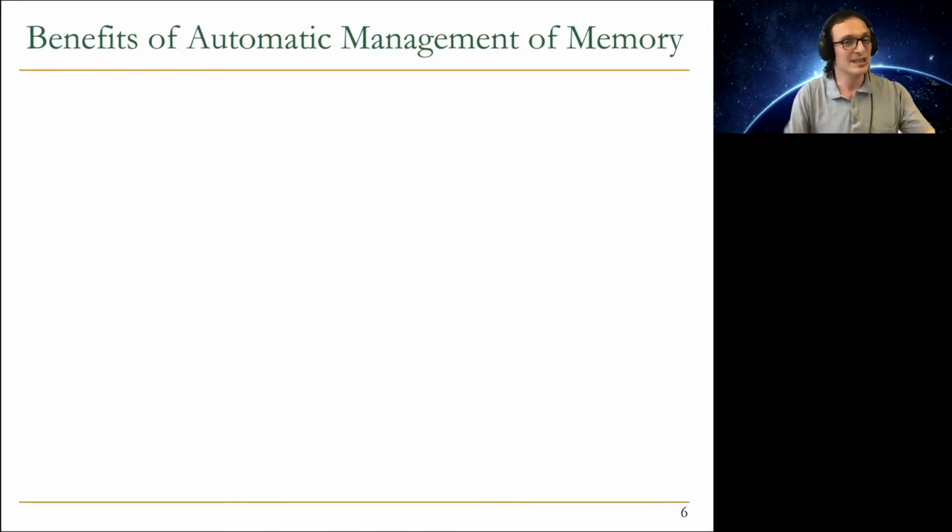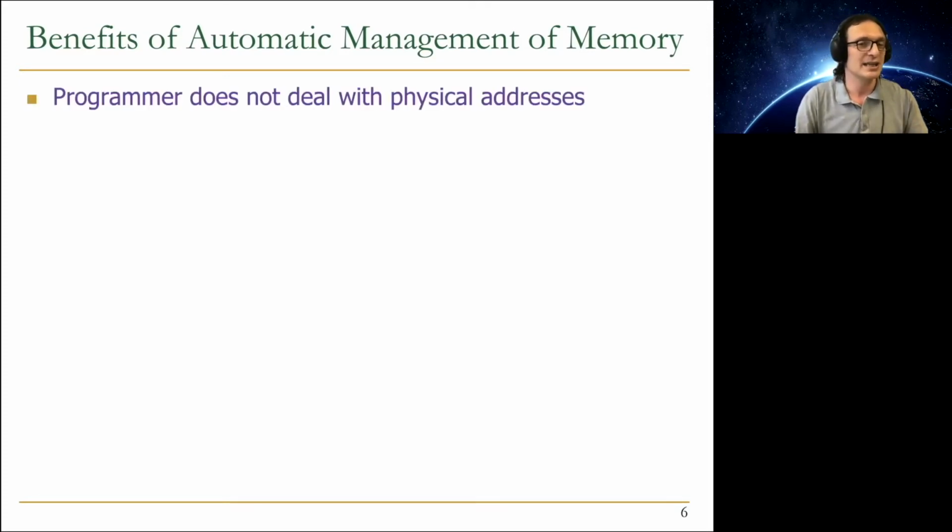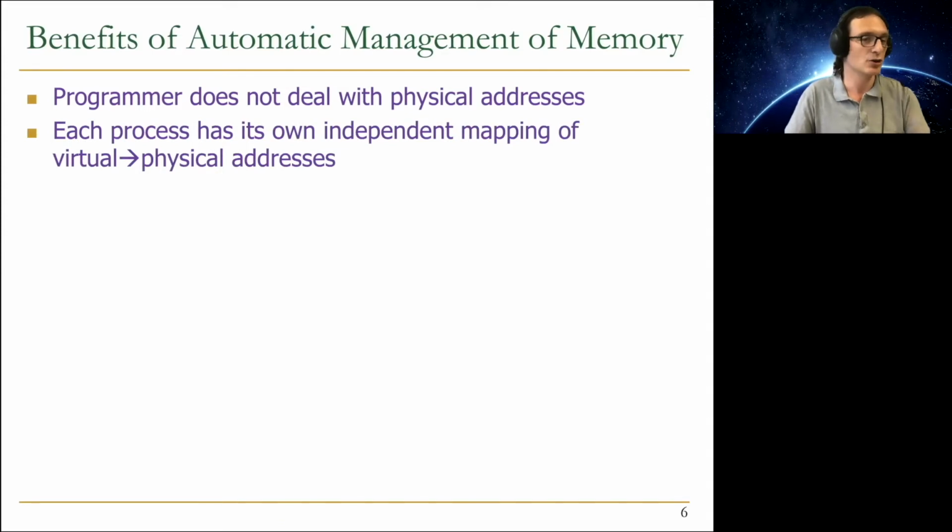So we have already discussed the benefits of automatic management of memory between the caches, right? And you can imagine that this just extends to main memory as well. Basically, if you look at main memory, the programmer now doesn't need to deal with physical addresses. And they don't need to deal with running out of space in the physical memory address space. That's the key benefit. And we'll talk more about that.